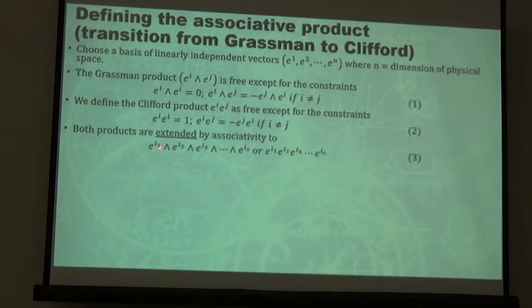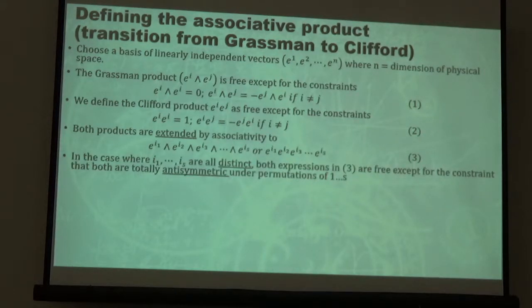Both products are extended by associativity to e_i1 all the way to e_is, and this is Clifford's way of looking at the same thing. In the case where i_1 to i_s are all distinct, both expressions in 3 are free except for the constraint that they are totally antisymmetric under permutations of 1 to s.